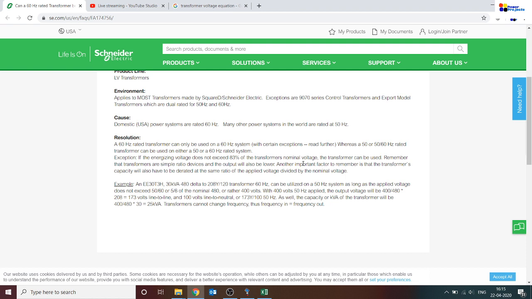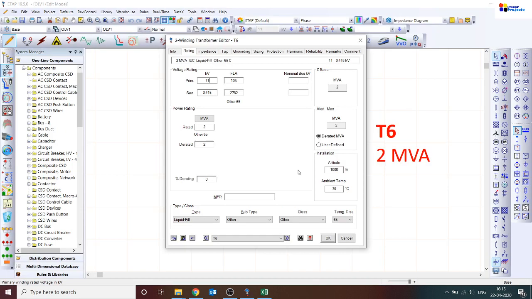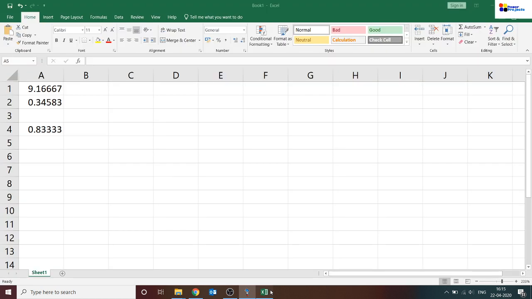Another important factor to remember is that the transformer capacity will also have to be derated at the same ratio as the applied voltage. So let's conclude this. If I have designed a transformer at 50 hertz and I am trying to use it at 60 hertz, what will be the impact?